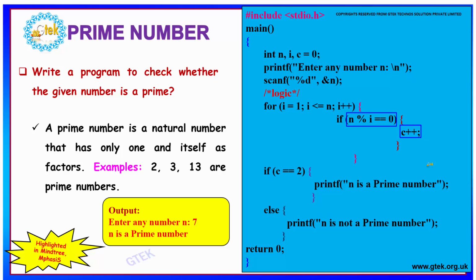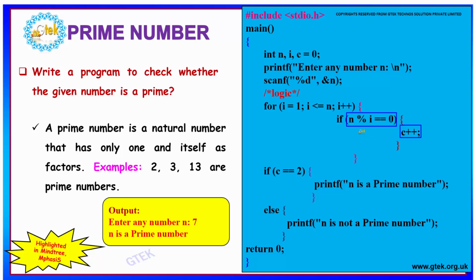Since 7 is a prime number, your c value will be incremented only twice. If you consider over here, 7 modulus 1 will be equal to 0 because 7 is divisible by 1. Hence your c value will be incremented once.